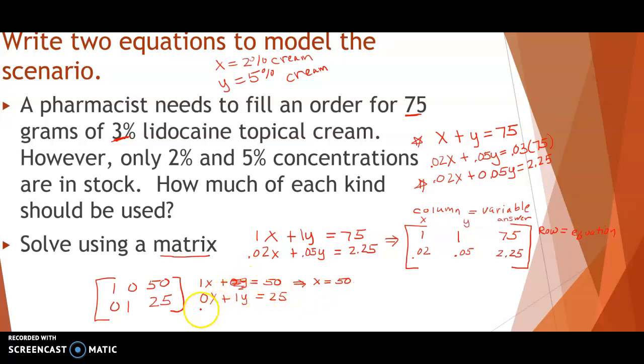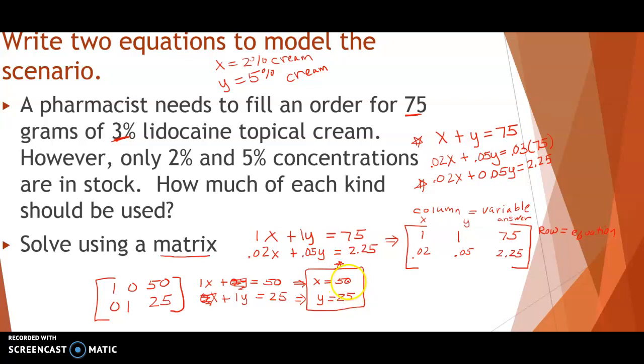Using the same ideas with the second equation, 0x means that that has canceled out. 1y is the same as just y itself. And it's telling me y is equal to 25. So in this way, my calculator did the elimination method and came up with the answers to this problem.